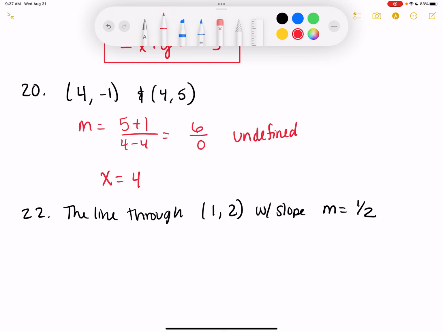So I need slope-intercept form, but I can't just initially start with that. With what we're given, we can't just start with slope-intercept form. We need to start with something else. So what should we use?